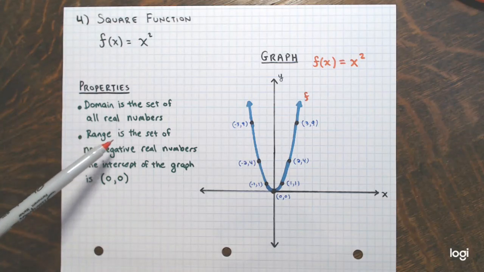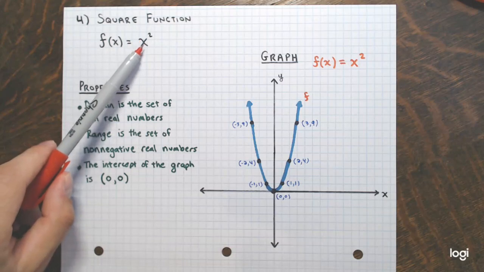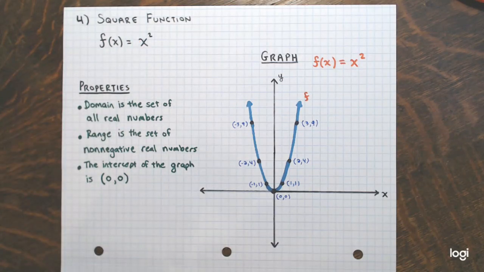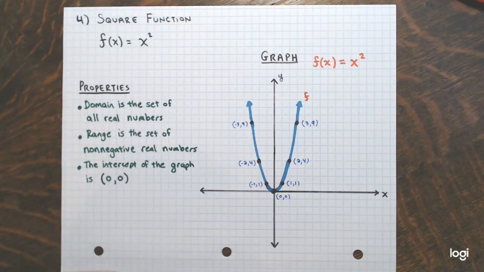But the range, however, is not all real numbers. Right? When you take a real number and square it, raise it to the second power, multiply it by itself. Remember, x squared just simply means x times x. You always end up with a non-negative number. For instance, 3 squared is 9, positive. 0 squared is 0, right? 0 times 0, that's not negative either, right?